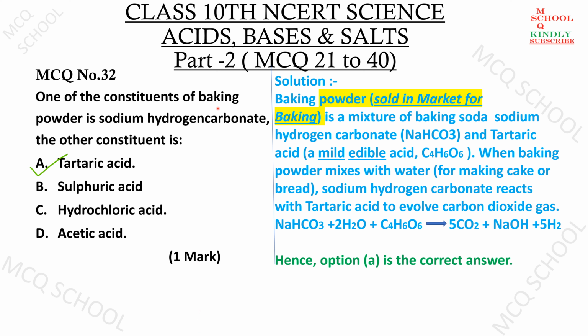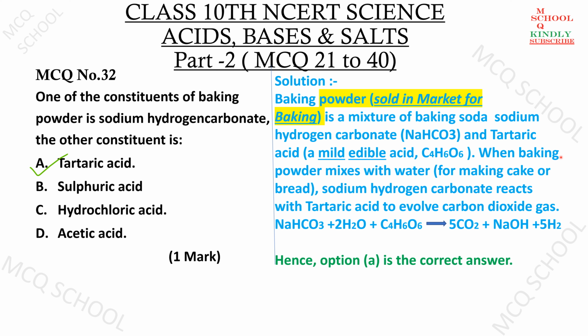Mind it, it is not baking soda, it is baking powder. The baking powder sold in the market for baking is a mixture of baking soda, that is sodium hydrogen carbonate, and nitric acid, which is a mild edible acid.